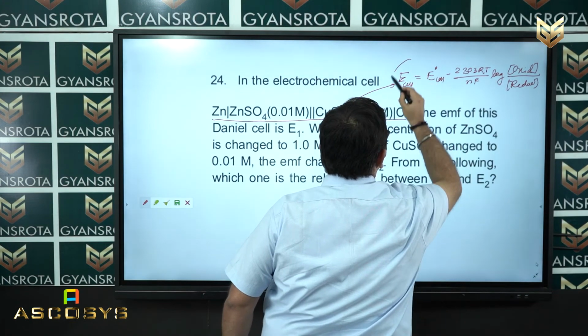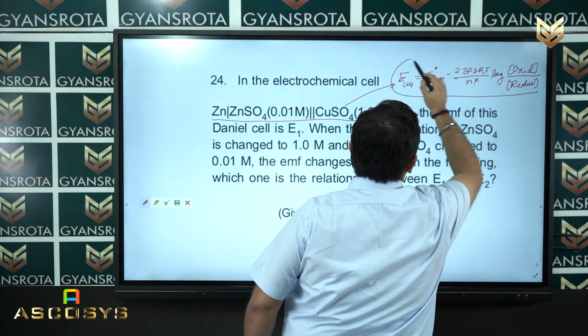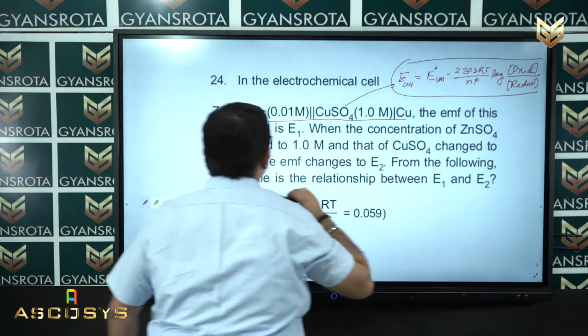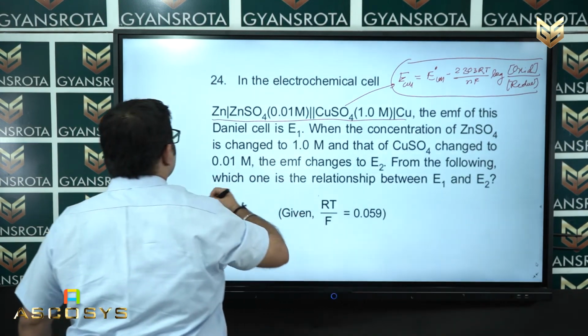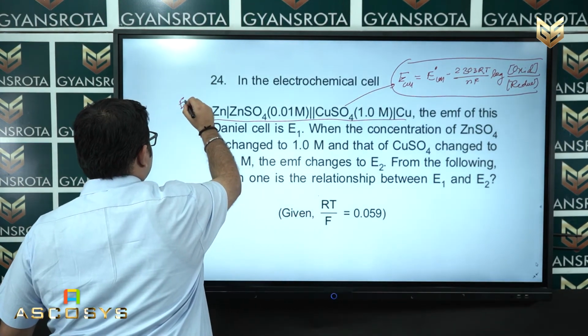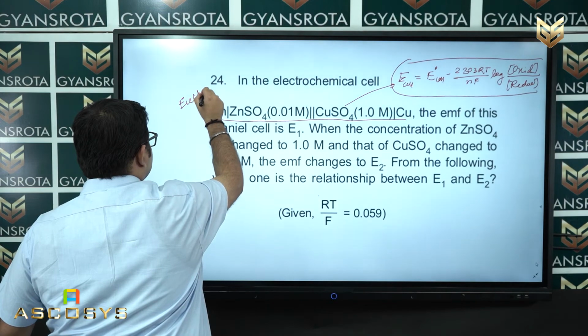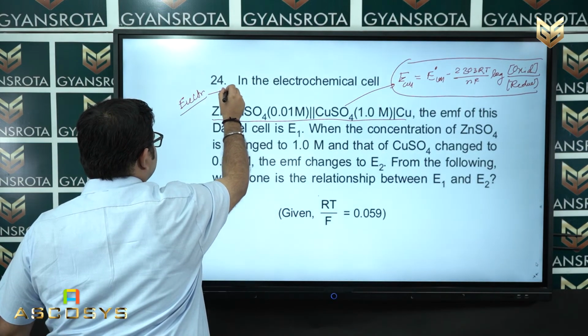Okay, so this formula we are going to use to solve this numerical. This question comes from your electrochemistry chapter of your class 12 NCERT.